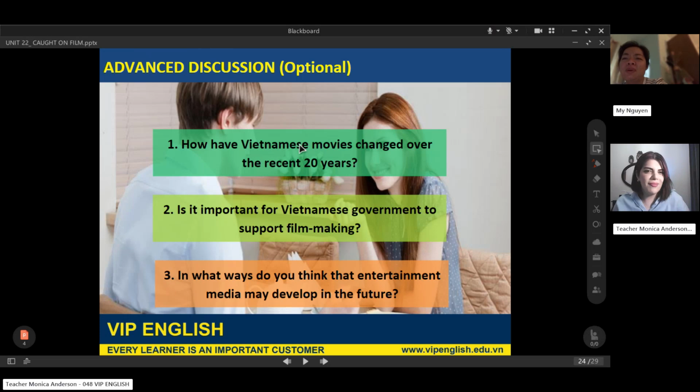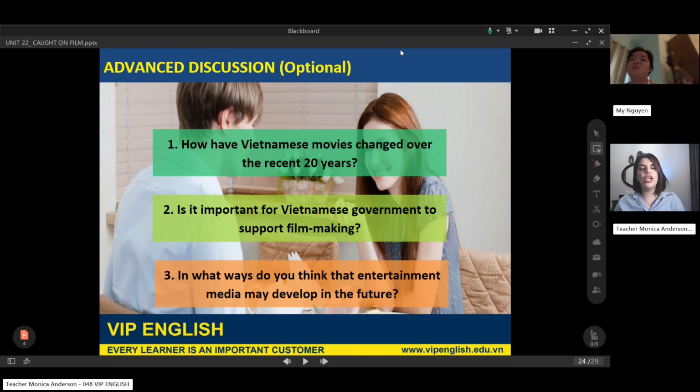I don't have knowledge about this, but I think they have any new system or the new technique, and the actor and actress really learn more about acting.